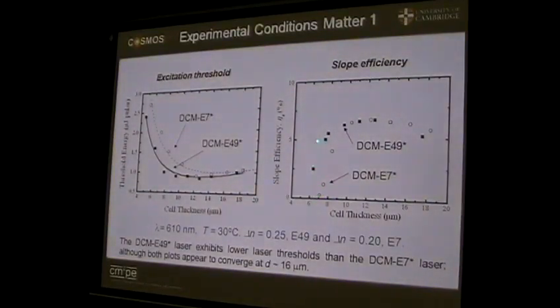That's the slope efficiency for those two materials as a function of cell thickness. Same dye concentration, I've used DCM here. I'll come back to choosing your dyes in a moment. But you can make E7 look like E49. But you have to look at these operating parameters and you have to optimize the system.